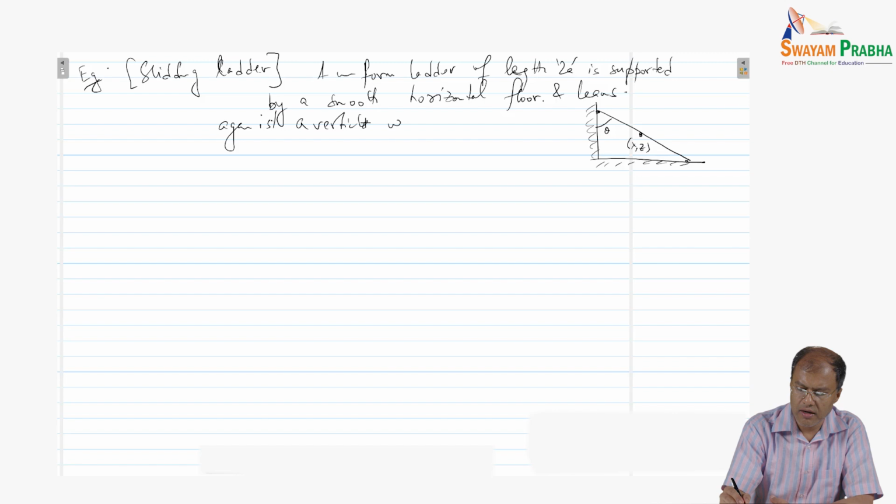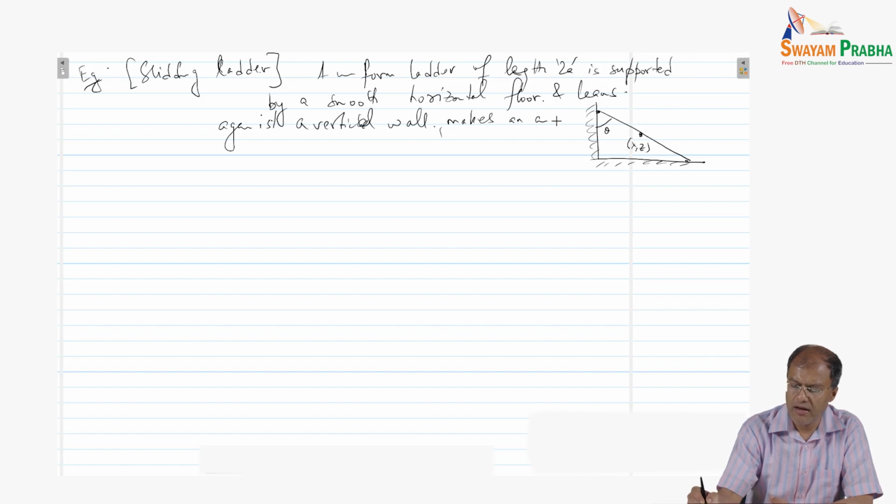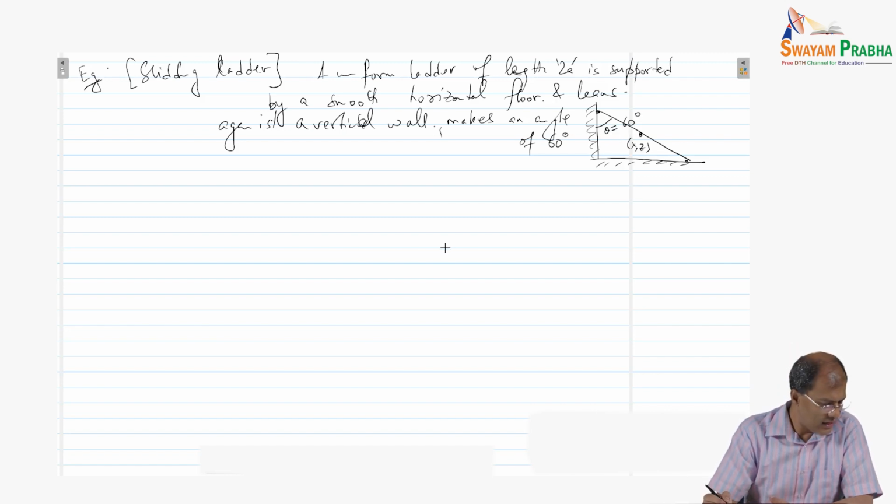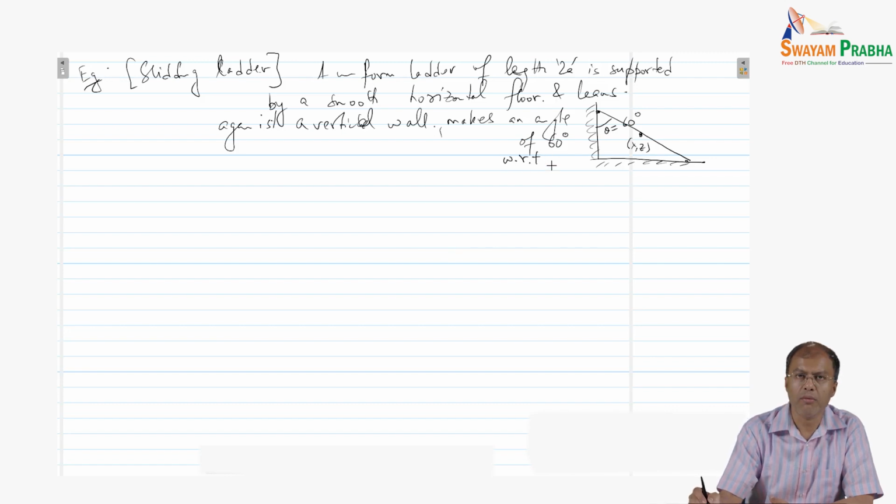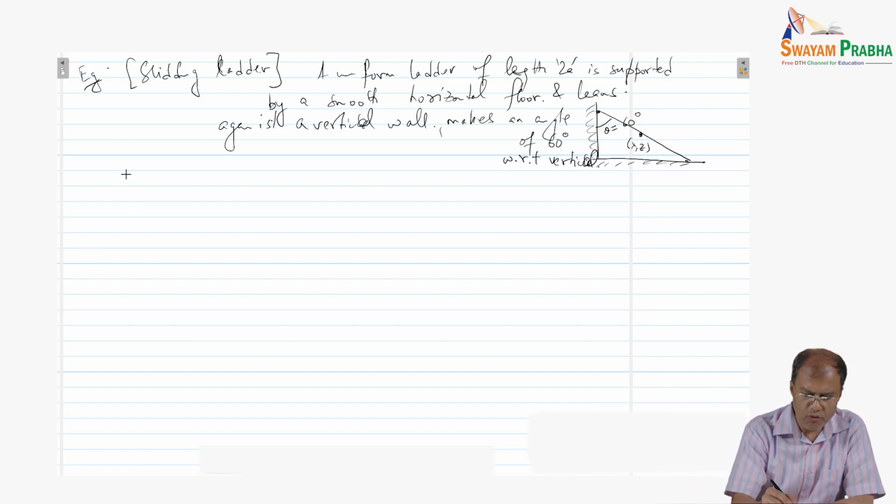A vertical wall, and it makes an angle of 60 degrees. So what I'm talking about is this angle is 60 degrees, right? And then, let me just clarify the problem further, with respect to vertical, right? Okay.